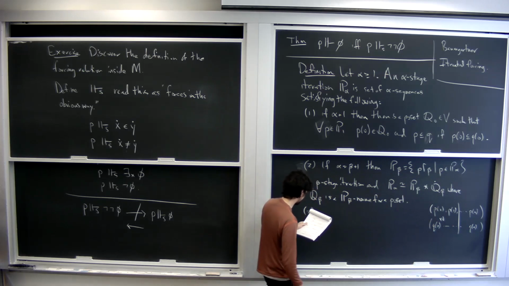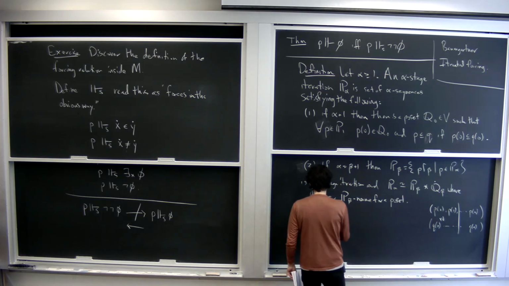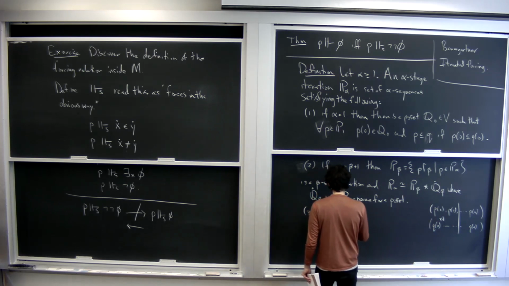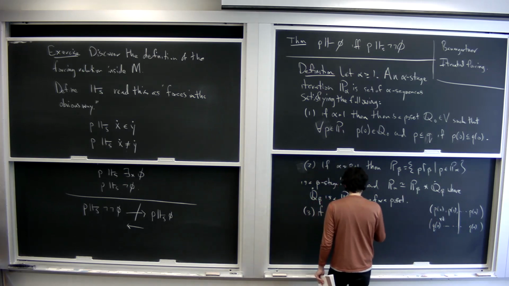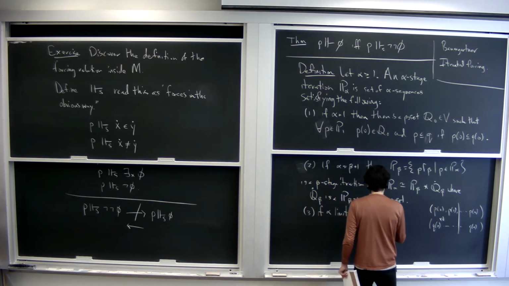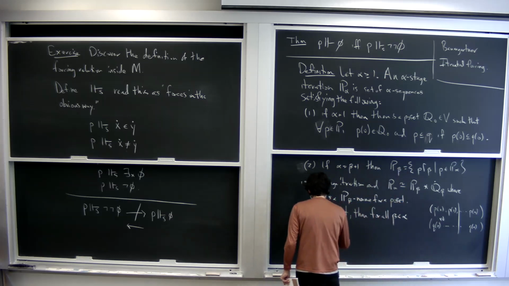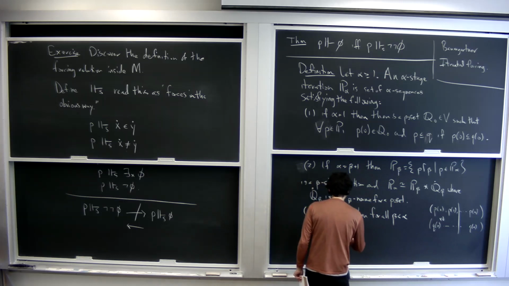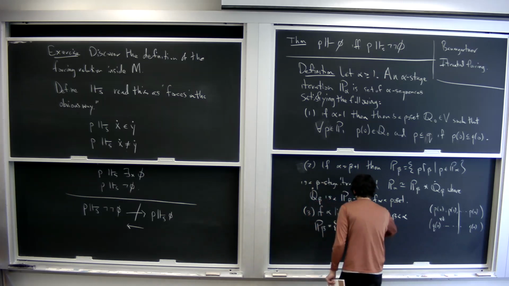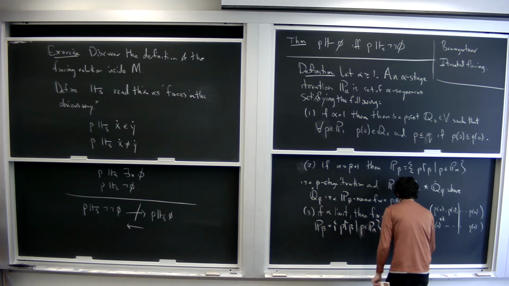Okay, and then limits, right? At a limit alpha, for each beta less than alpha, the collection of P restricted to beta is again a beta stage iteration.